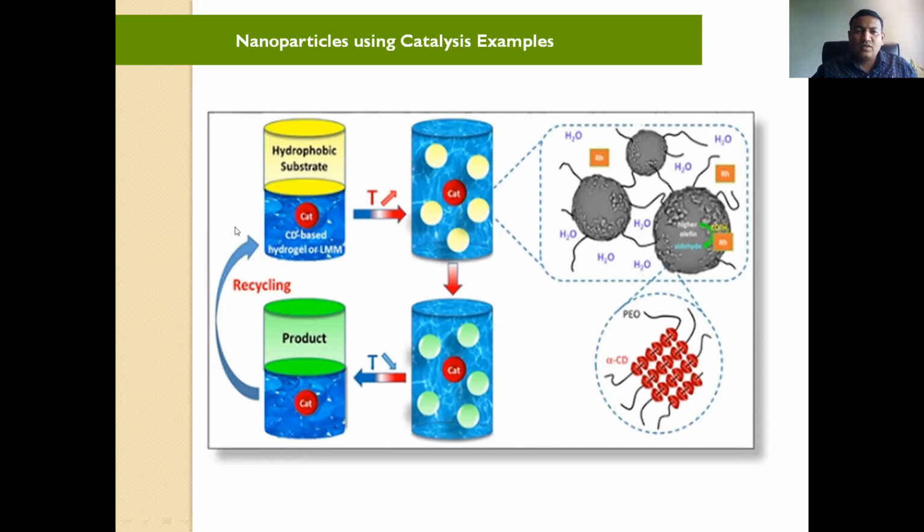When there is Thurex, there will be formation of emulsion, and using this catalysis we can make it separate out, right? So the product will come out and the catalyst will remain in the water phase. So very easily we can remove it, and it will help to prepare the nanoparticles, right?